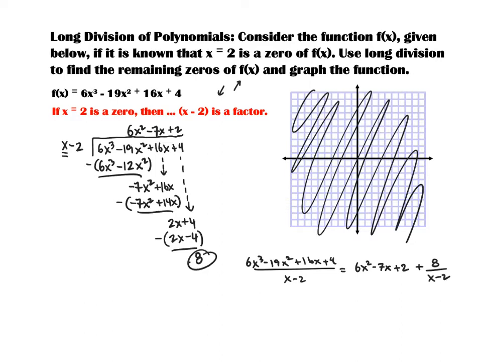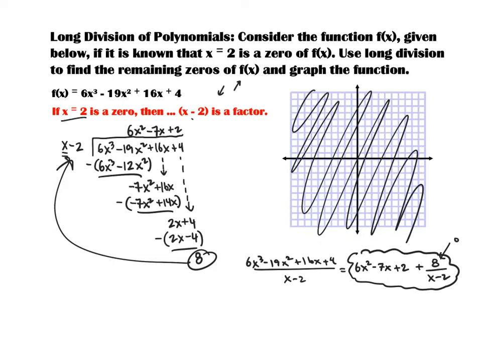Notice I took my remainder over that value, and this would be my answer. Clearly we'd like for this remainder to be 0 if the original divisor is actually a factor. So that would turn out to be 0, and we get something nice, and we could potentially factor what's left to find the other zeros.